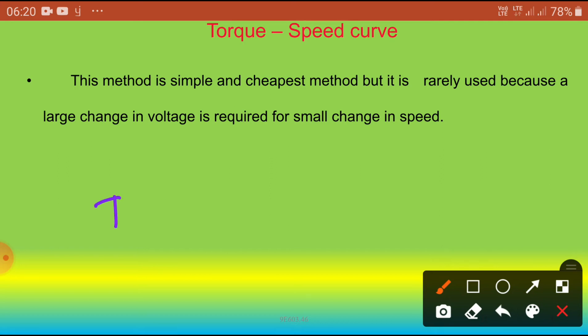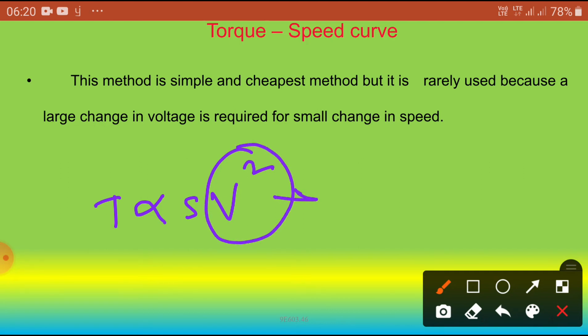Here T is directly proportional to S into V square. Since it depends on V square, the voltage has to be changed by a large amount to change the speed, and the speed varies only slightly. That is the disadvantage.